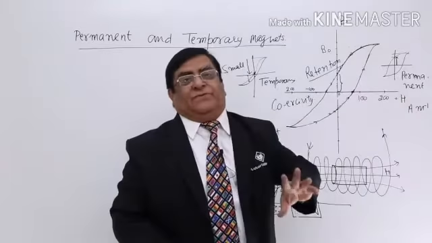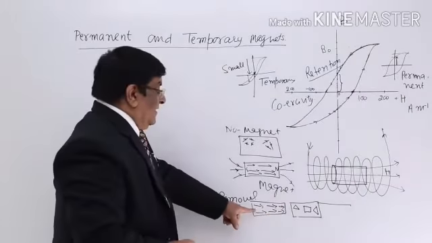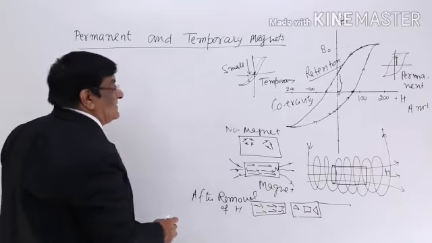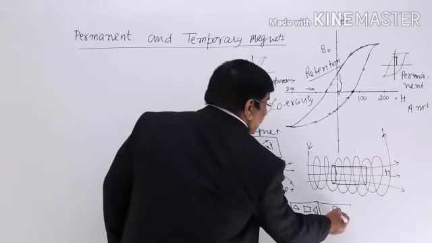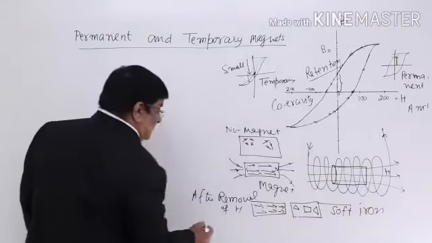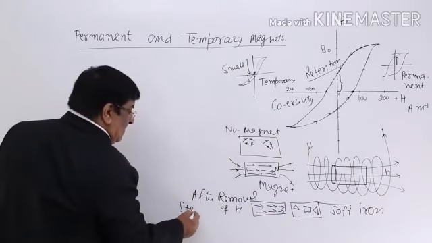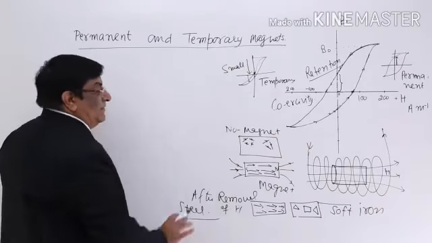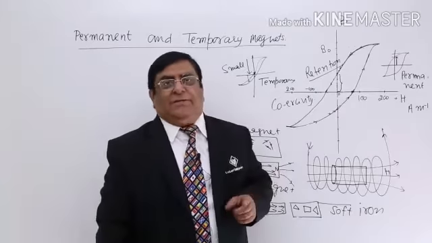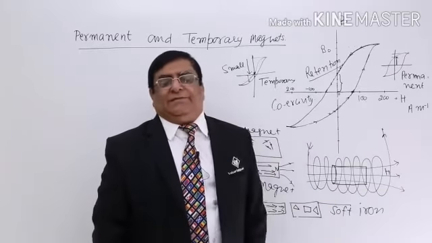This is the difference. And for this, the material we use is steel. For this, we use the material soft iron. Soft iron. And this is steel or chromium steel. So whatever magnets you are seeing in the market, those are permanent magnets.